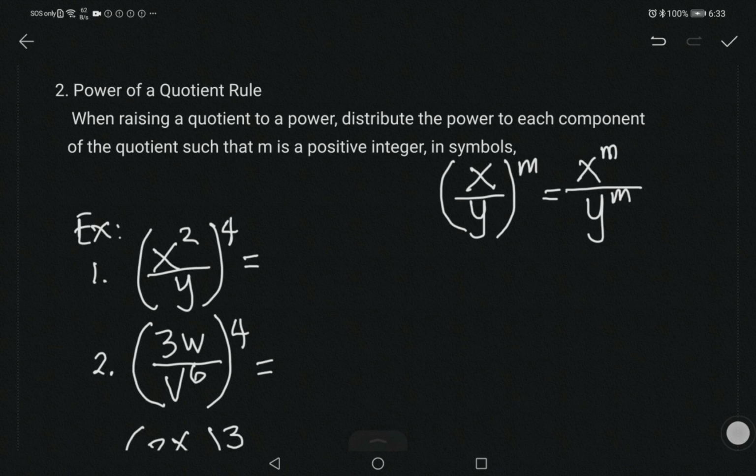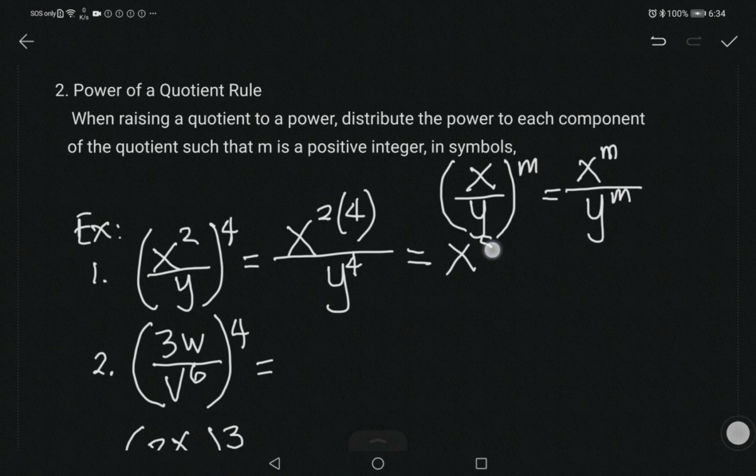So we will distribute: x squared then times 4 over y raised to the power of 4, and this is equal to x, 2 times 4 is 8, over y to the 4.